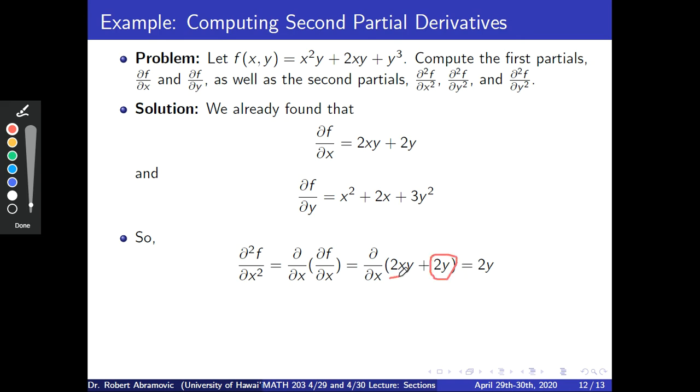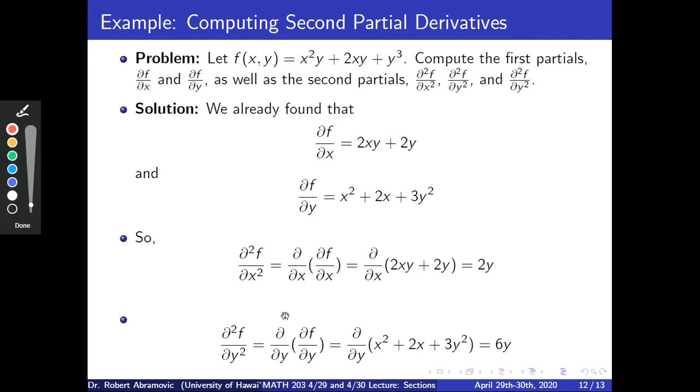The derivative of 2xy, of course, is just 2y because we can pull out the x. For the second partial with respect to y, we found before, the first partial with respect to y is x squared plus 2x plus 3y squared. So we differentiate that again with respect to y to get what? Derivative of x squared is 0, derivative of 2x is 0, derivative of 3y squared is equal to 6y.